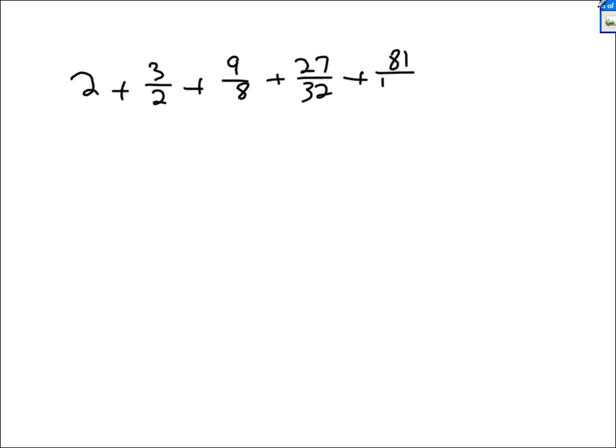Just try another one. Verify that the infinite series converges: 2 plus 3/2 plus 9/8 plus 27/32 plus 81/128 and so on.